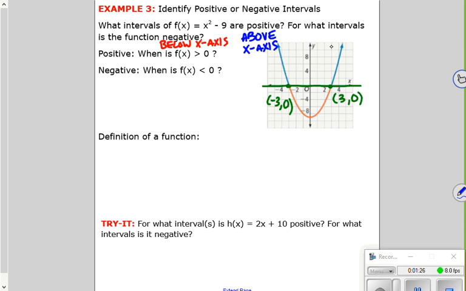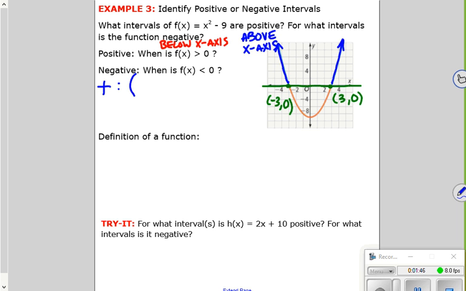So there are two occasions where the function is positive. That blue part of the curve and that blue part of the curve. The cutoff is the point (3, 0). So I'm going to say the function is positive when?